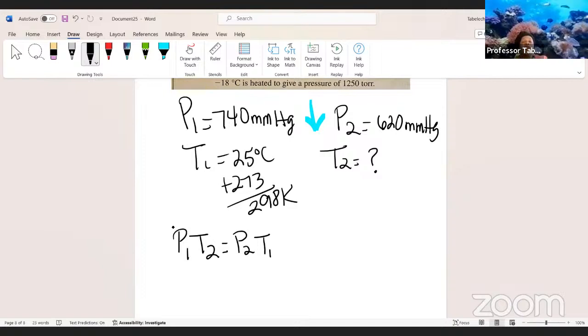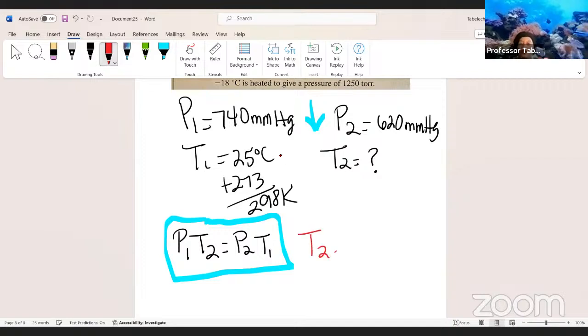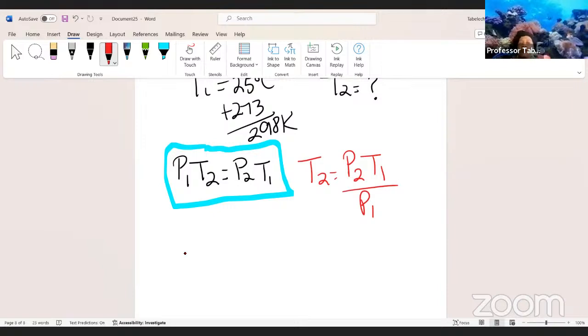If your teachers don't give you all four of these formulas derived from this one base formula, you should know how to get the unit that you're looking for. Because I'm looking for T2, all I need to do is multiply P2 times T1 and divide that by P1.